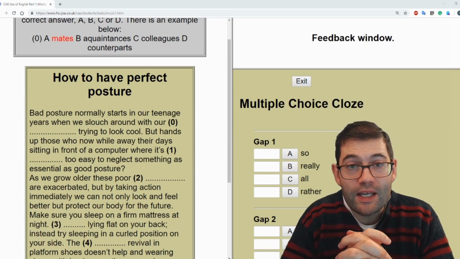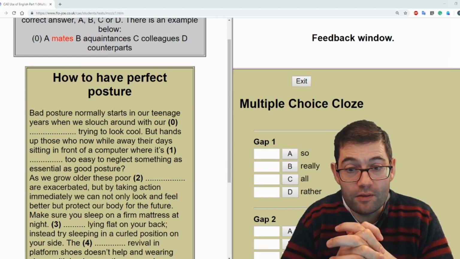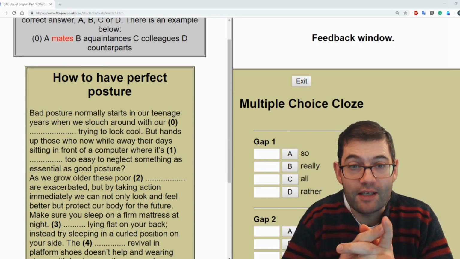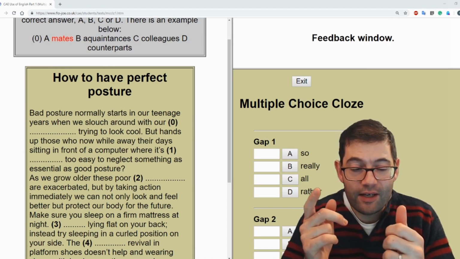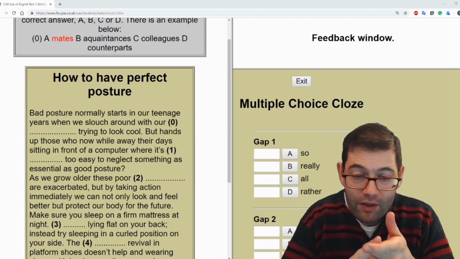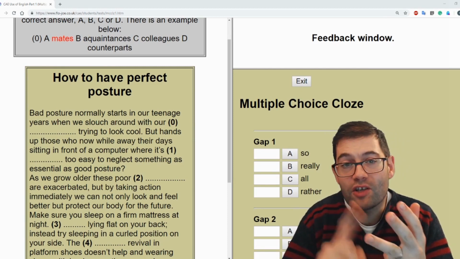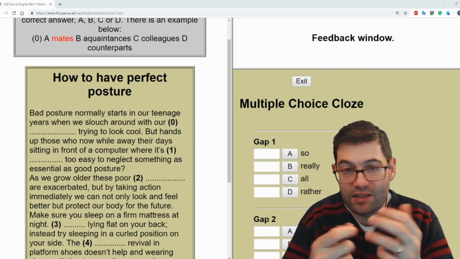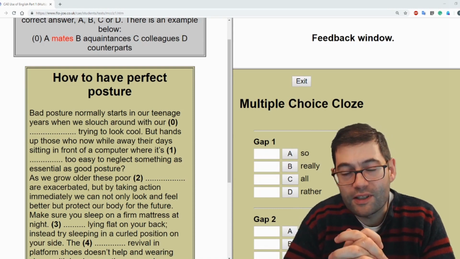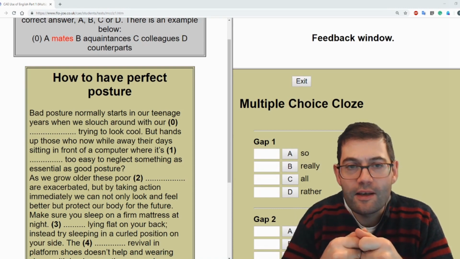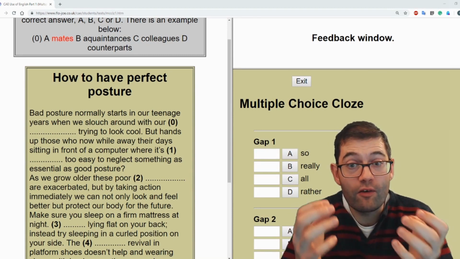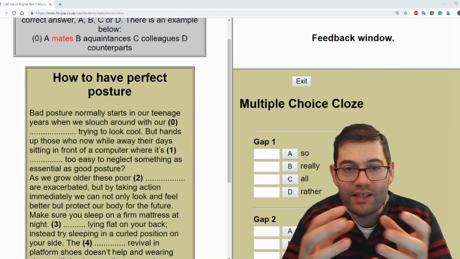So as I said, we're going to have a look at the multiple choice cloze, so let's go over a few basics. First of all, read through the text first. Get a good idea of context, find out what's going on, see who's involved, get the general gist, the general idea of what the article is about. By reading all the way through to the end, you will be aware, hopefully, of exactly how everything fits together.